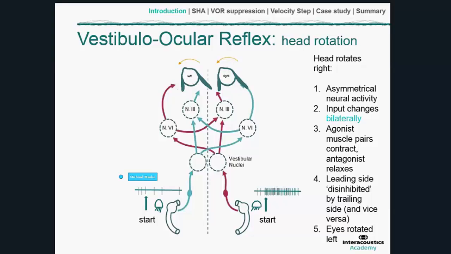Simultaneously the left ear will also sense this rightwards head rotation, but the stereocilia are deflected such that rather than an excitatory response, this time we get an inhibitory response, which is shown by these fewer spikes here, and that leads to a simultaneous relaxation of the right lateral rectus muscle. So we get contraction of the left muscle, relaxation of the right muscle, and then the eyes will rotate to the left as a result, to compensate for the right head rotation.